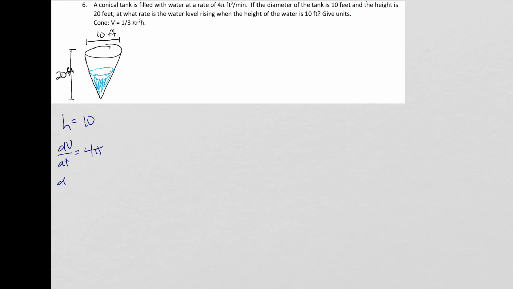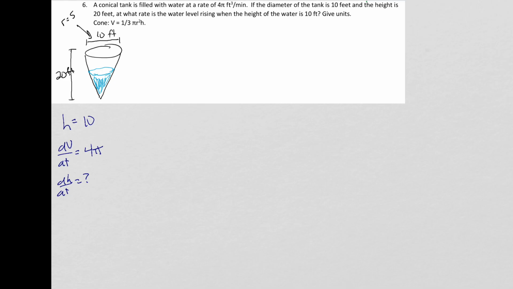And I want to find dH over dt. That's what I'm looking for. I know the height of the tank itself is 20, and the diameter is 10. That also means that the radius of the cone itself is equal to 5.